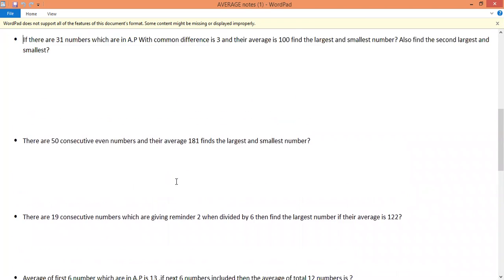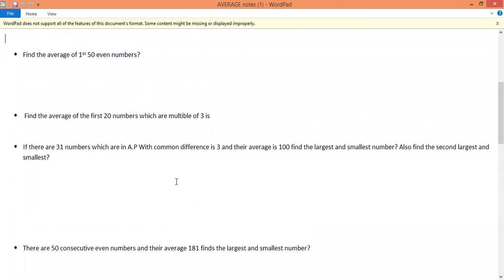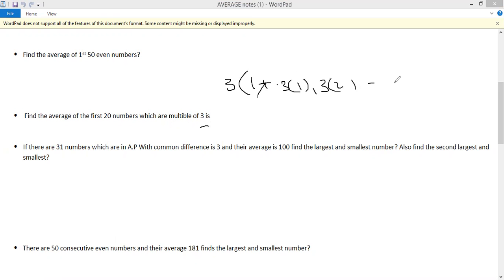Next one. Find the average of the first 20 numbers which are multiples of 3. Multiple of 3 means 3 into 1, 3 into 2, like this: 3, 6, 9, 12.